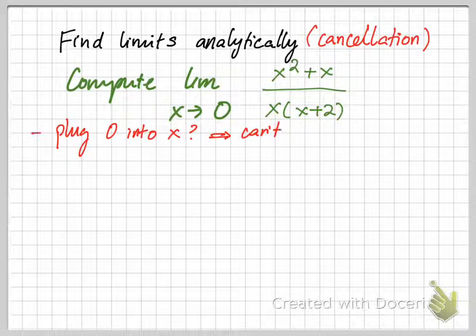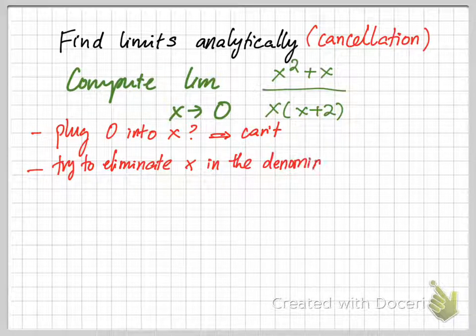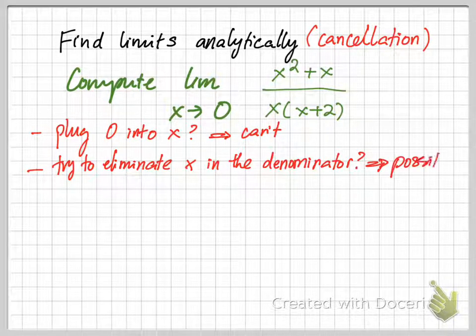When you ask yourself, can you plug 0 into x to find the limit? You can't, because 0 will make the denominator undefined. The next question is, can you eliminate the x in the denominator so that you can use direct substitution to find the limit?